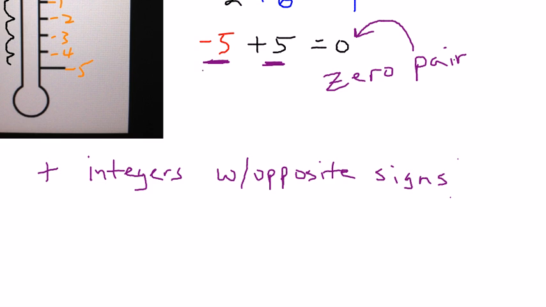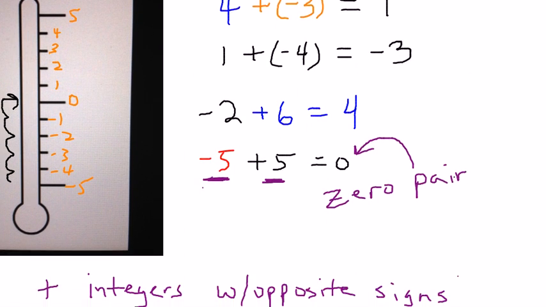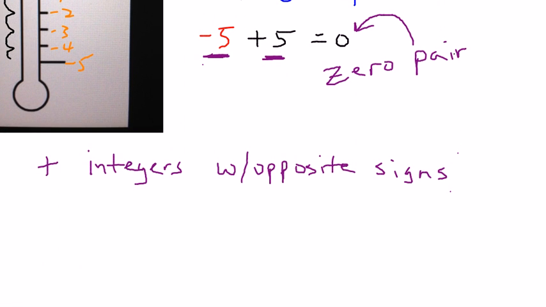Let me use our first example, 4 plus negative 3. When adding integers that have opposite signs, just like when adding integers that have the same sign, we're going to start by taking the absolute values of the two numbers.